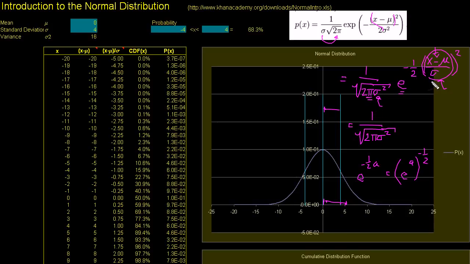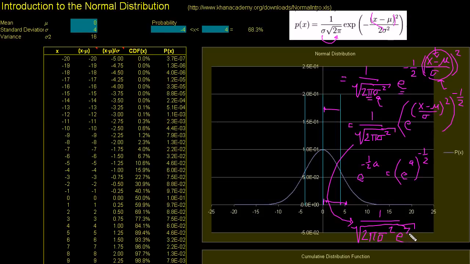But anyway, I could rewrite this as e to the x minus mu over sigma squared, and all of that to the -1/2. Something in the -1/2 power is just 1 over the square root, which is already going on here. So we could just rewrite this as 1 over the square root of 2 pi times the variance times e to essentially our z-score squared, right?